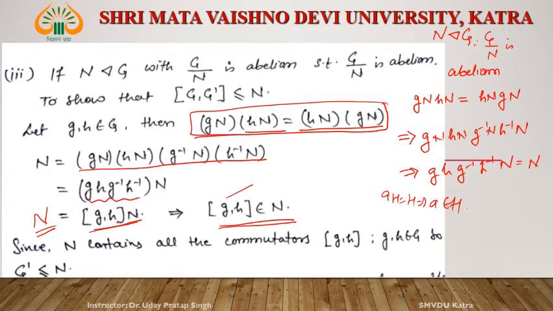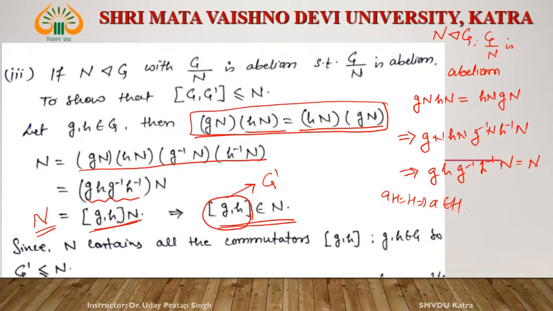What is bracket gh? Bracket gh is an element of the commutator group. What is the commutator group? G dash. So an element of this type gh, which is an element of G prime, is always an element of capital N. What is capital N? Capital N is any arbitrary normal subgroup, right?